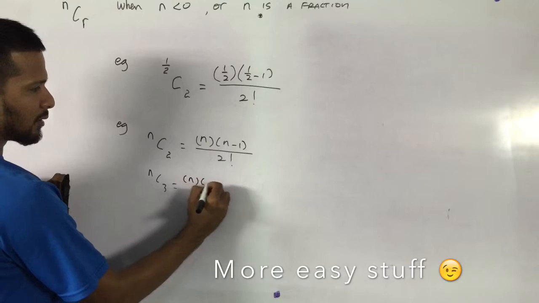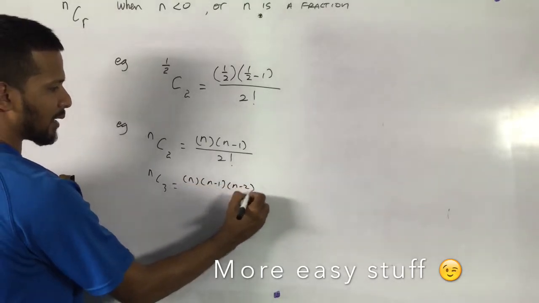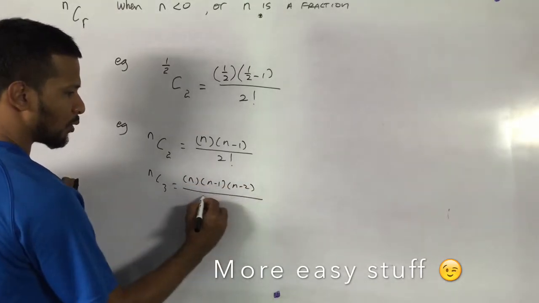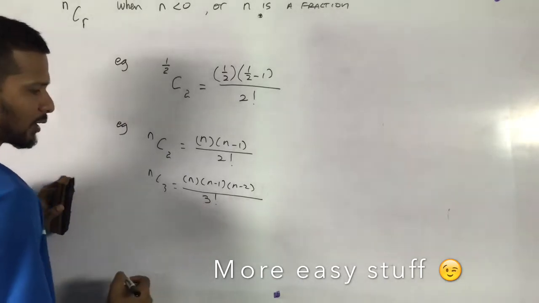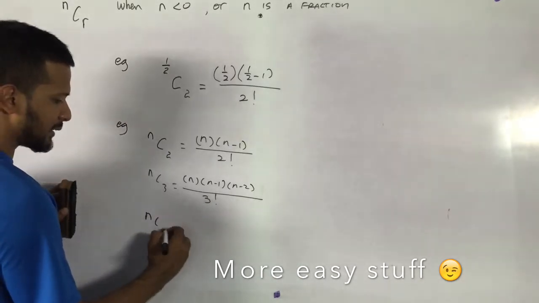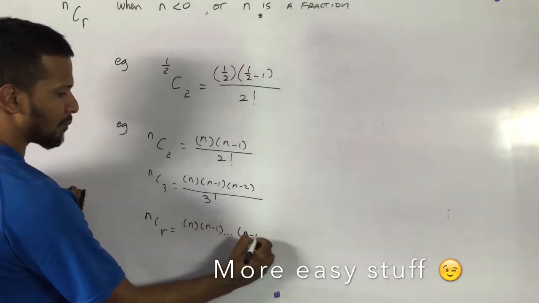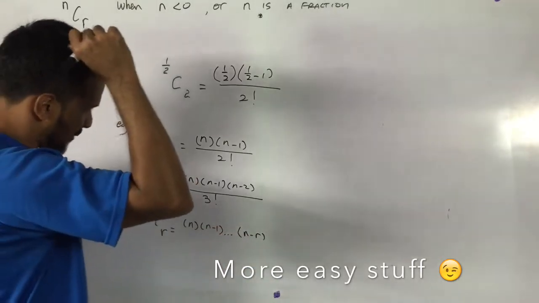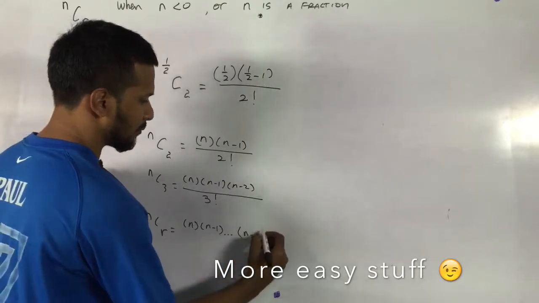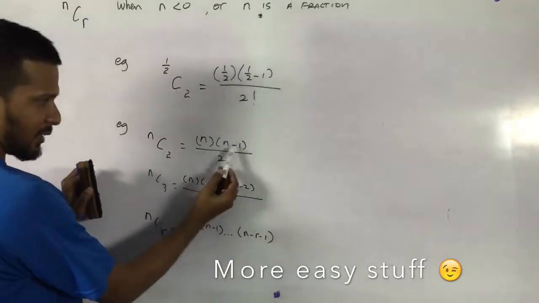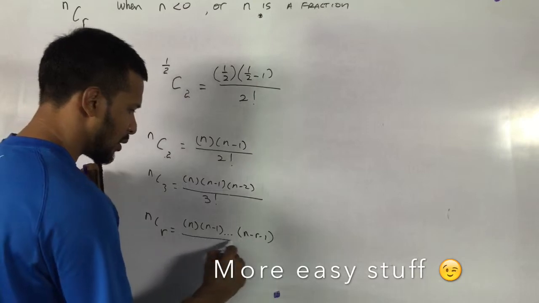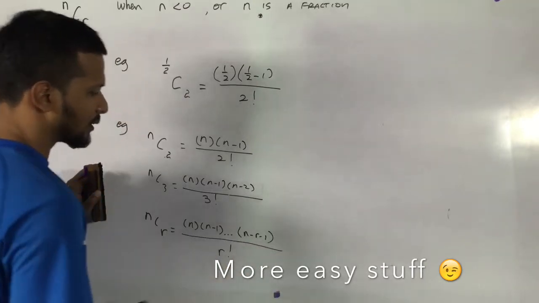So it'll be n by n minus 1 by n minus 2 all over 3 factorial. So what will be NCR? N by n minus 1 by n minus r minus 1, because this value here is less than that, all over r factorial.